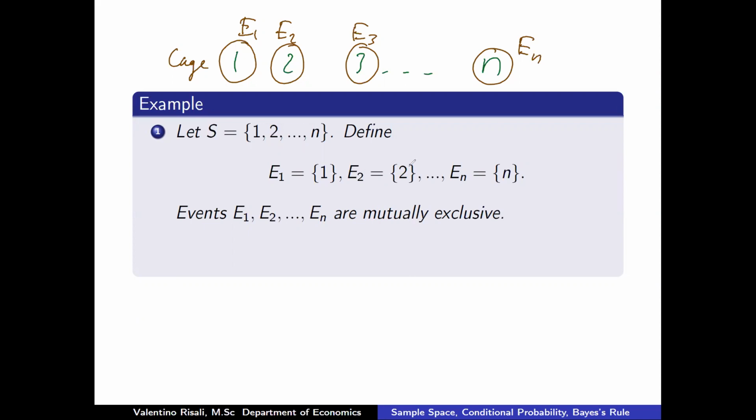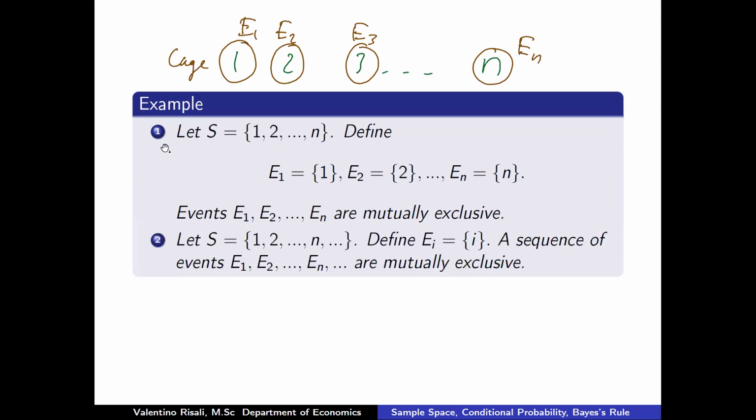At least you can receive the idea of this example, and then for the general case, if S is this set and we define Ei as a set that contains i, we can see that the sequence of events are mutually exclusive.